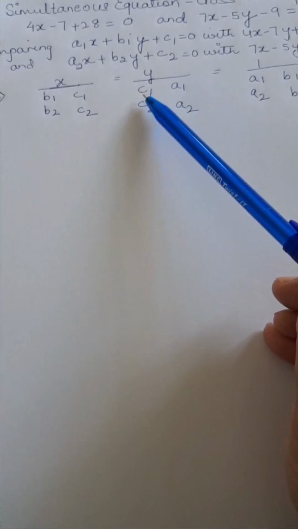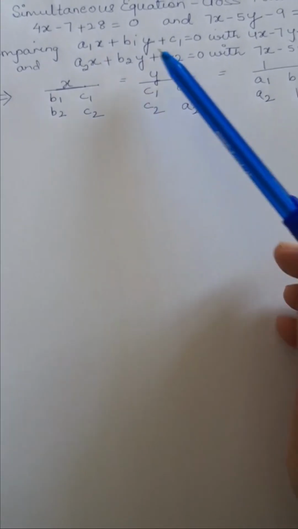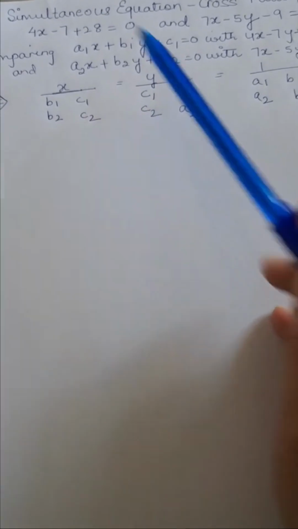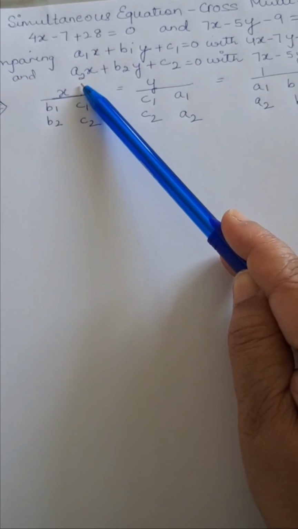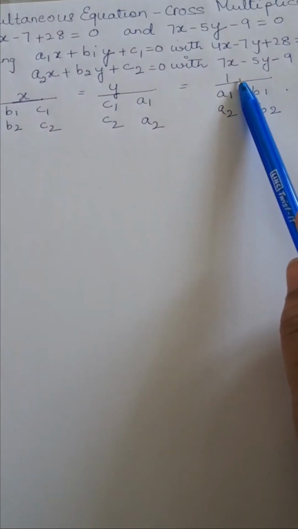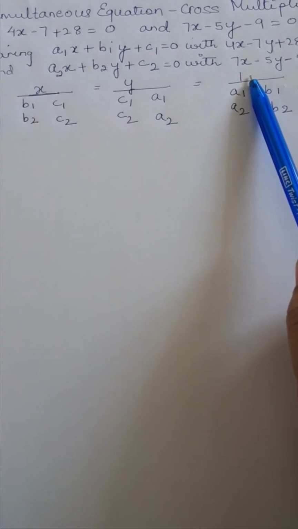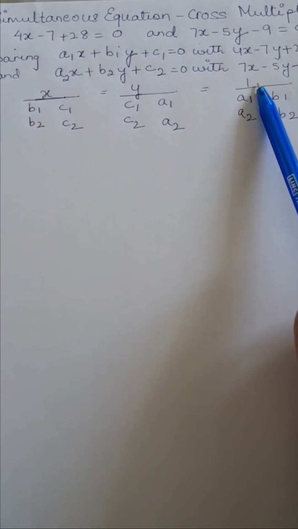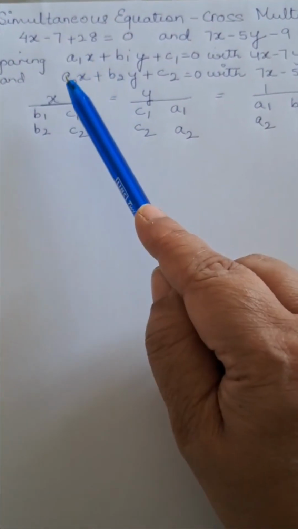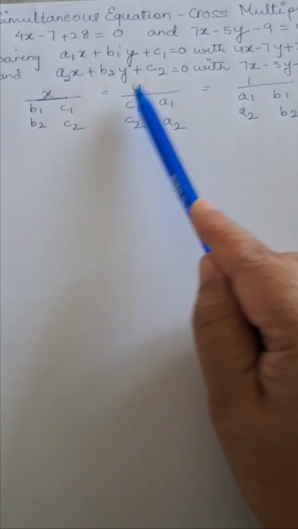Same way for y, the denominator will be c1 c2 and then a1 a2. You have to be very careful here. Then for the third one, the constant, the numerator will be 1 and after c again we come to a1 a2 by b1 b2.